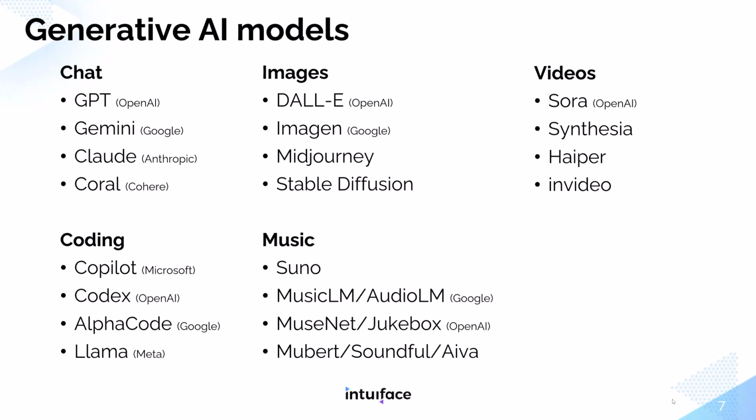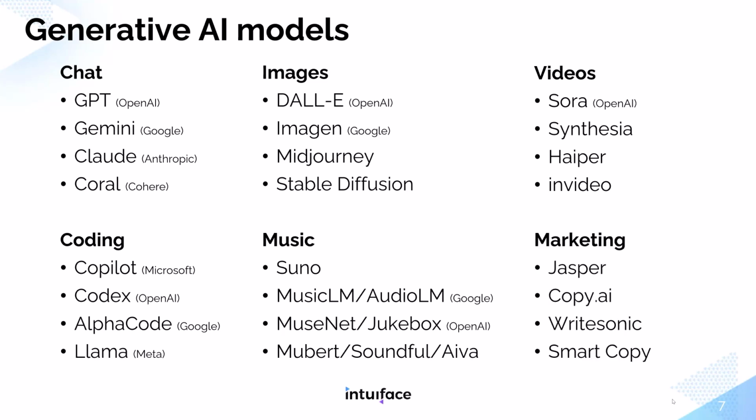That's insane. But you can apply it to anything you can teach a model. The model can then learn, whatever that means, and help you. Marketing is an example. Intuiface uses Jasper to help us on the marketing side, to write copy, for example. But there are other companies doing that. So you can have generative models for anything, really, as long as you have training data.